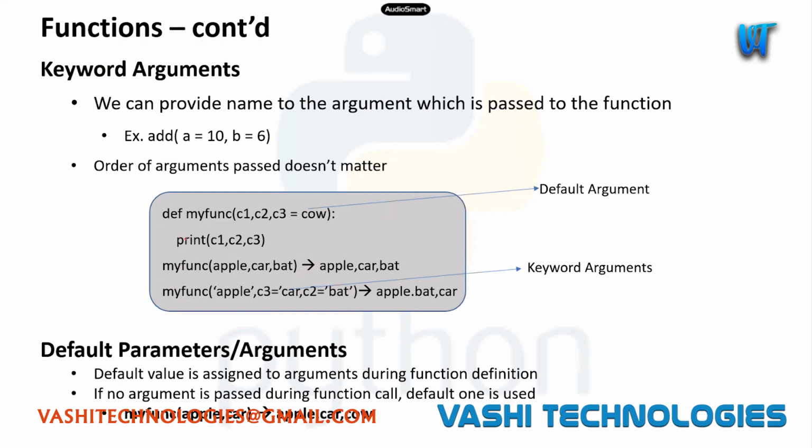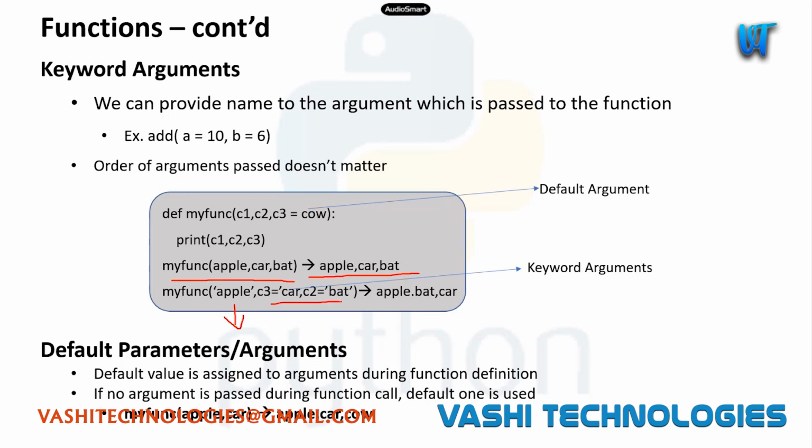If you see here, it's the same example which I have shown above. This is my function and these are my default normal arguments. I'm passing apple, car and bag and it's printing apple, car and bag. In the second case, I'm passing one normal argument and two keyword arguments.